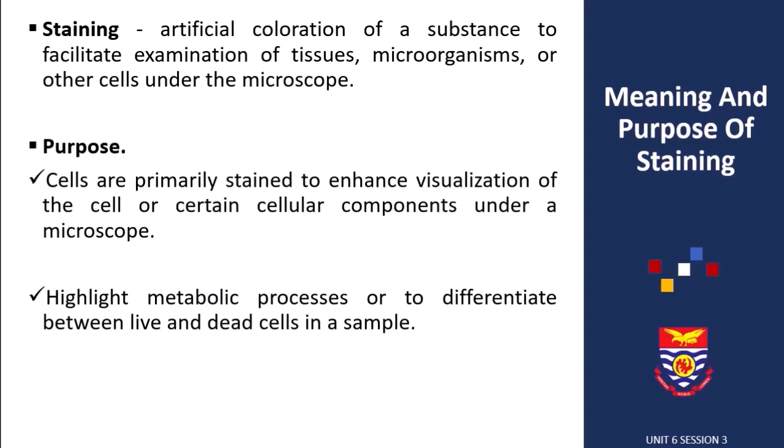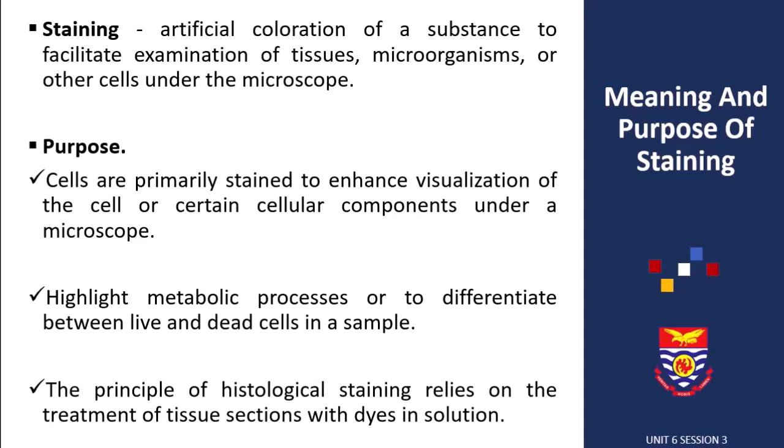The purpose of staining ensures that cells are primarily stained to enhance visualization of the cell or certain cellular components under a microscope. It also highlights certain metabolic processes or helps to differentiate between live and dead cells in a sample.